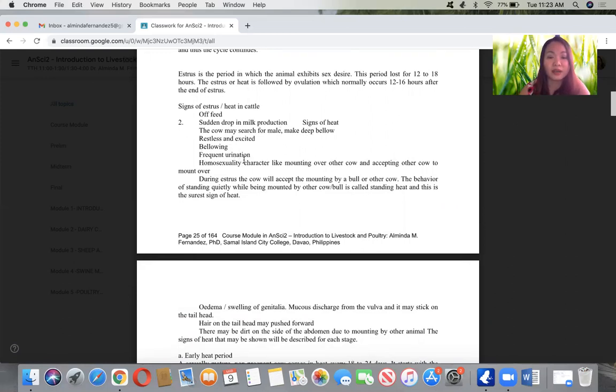Frequent urination, homosexual behavior like mounting other cows and accepting other cows to mount over. During estrus, the cow will also accept the mounting by a bull or other cow. They communicate through their moo.